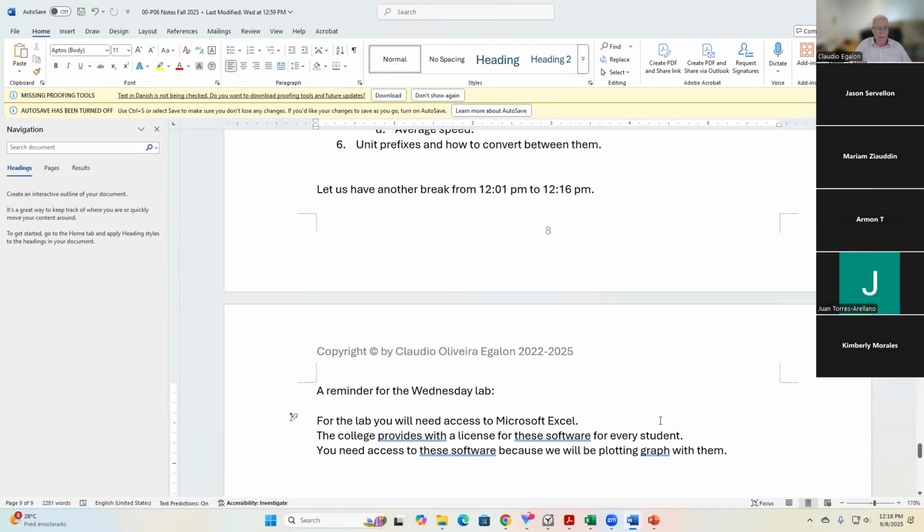In case you do not have it, the college provides a license for this software, so you can check on the college site. You need access to the software because we'll be plotting graphs with it.